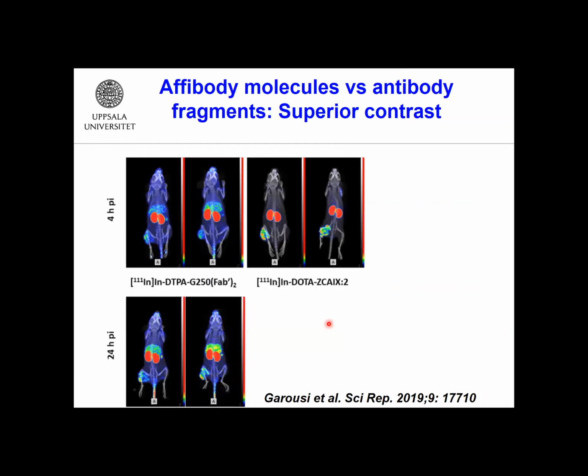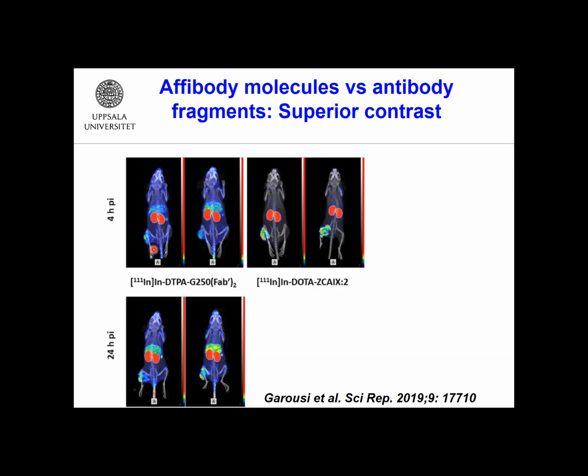Recently, we made a comparative evaluation of Affibody molecules and Fab2 fragment for imaging of carbonic anhydrase 9, which is an antigen expressed in renal cell carcinomas. And Fab2 is probably one of the best forms of immunoglobulin-based imaging probe.